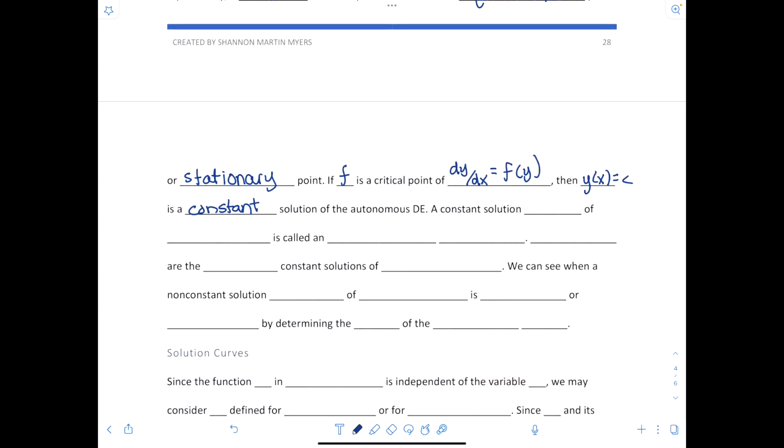A constant solution, y at x equal to c, of our differential equation dy/dx equal to some function of y is called an equilibrium solution.